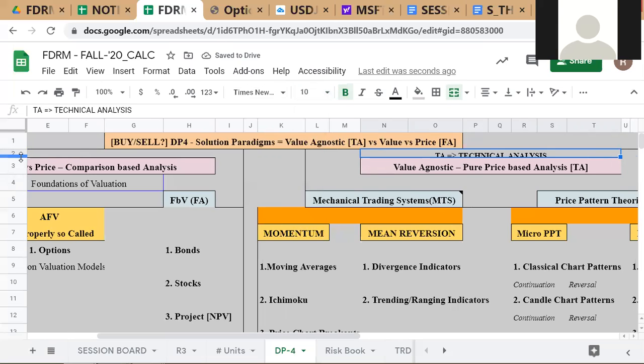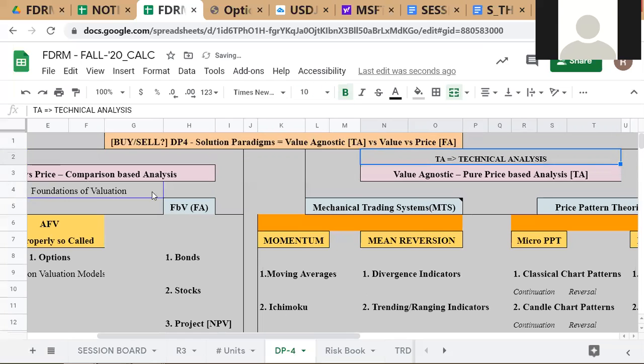We have to increase the row width here. So you understand that TA is technical analysis. It should be just TA equals technical analysis. Bigger. All right. So this is what TA is.